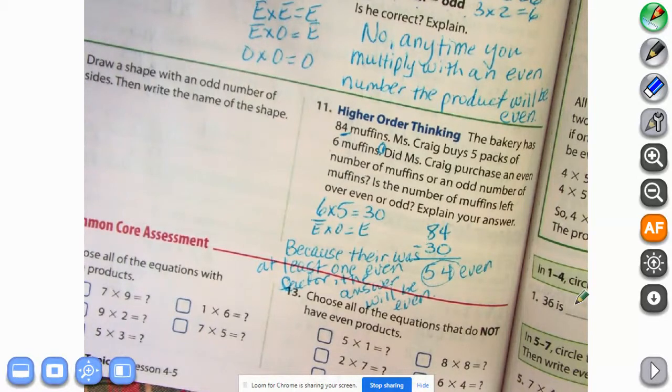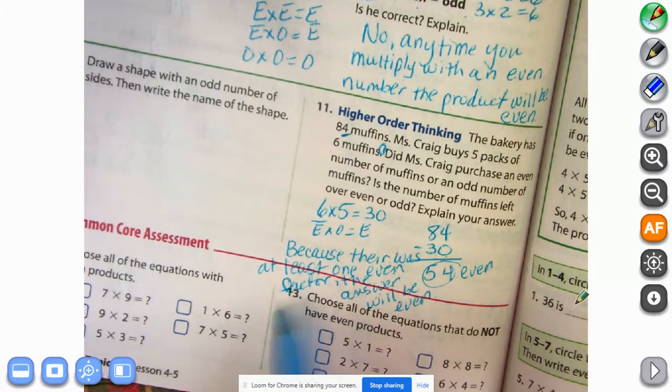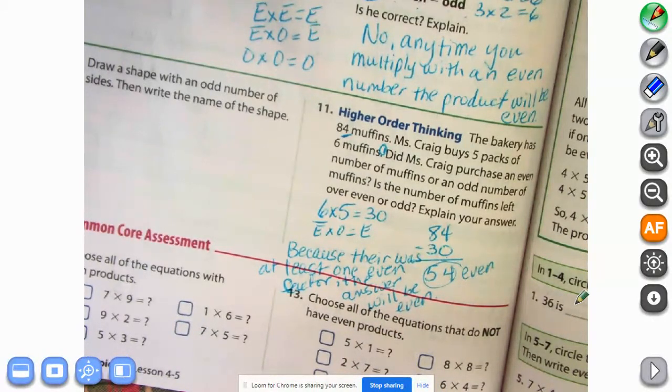Well, I suppose I didn't have to write it crooked, but see if you can get that written down there. Because there was at least one even factor, the answer will be even. Okay, go ahead and get that written down.